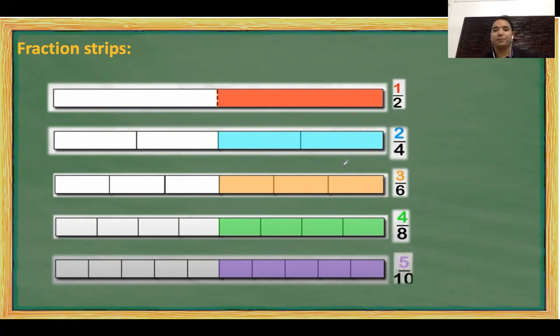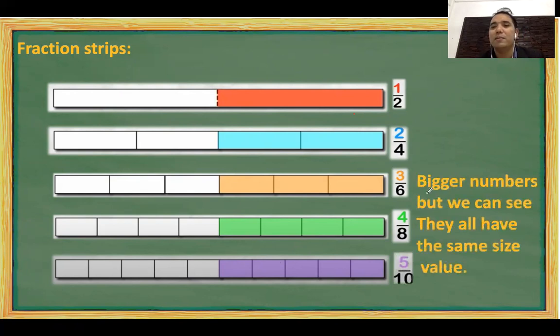Okay. So look at the numbers. The numbers are not the same. 1/2, 2/4, 3/6, 4/8, 5/10. Okay, so the numbers are getting bigger, but we can see they all have the same size value.